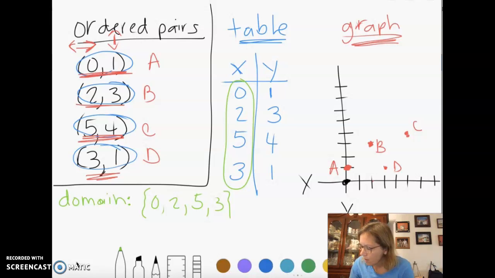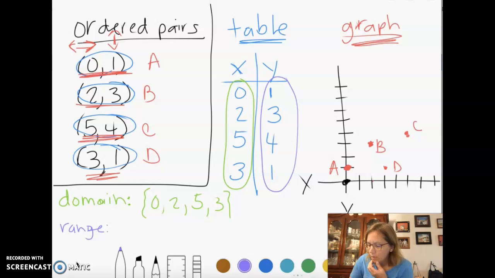Okay? And then if it asks me for my range, I'm going to do all my y values with the solution set bar. So my y values are 1, 3, 4, and 1. Even if it repeats, you're going to write it again. Okay? And that's it. So be sure to pause and take these notes down because I'm going to erase it right now.